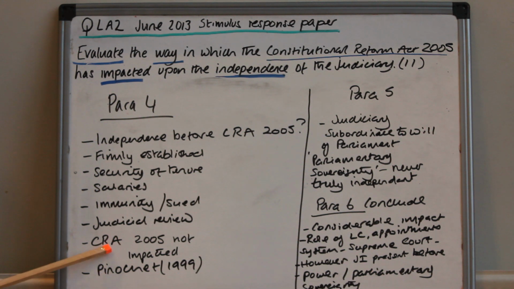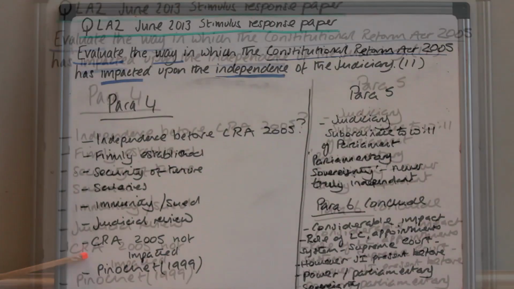Also, we think about the Constitutional Reform Act and the impact it had as far as case law is concerned. So we have to consider actually, was independence of the judiciary, and is independence of the judiciary actually a good thing? Is it something that we want to encourage, whatever the consequences of the Constitutional Reform Act?